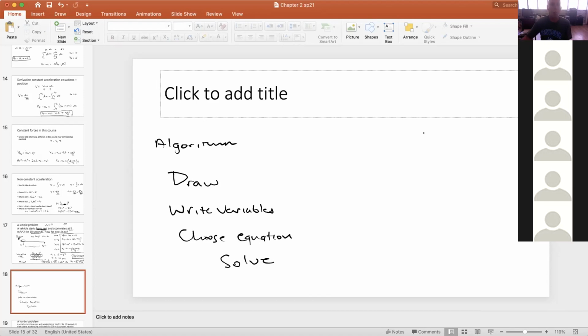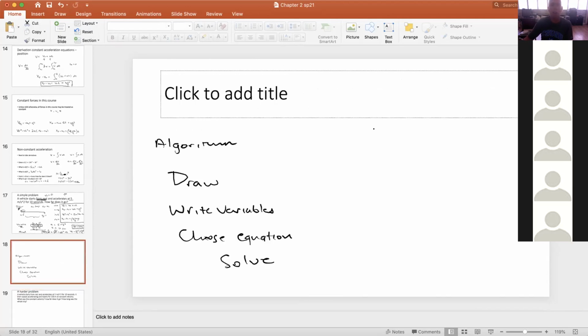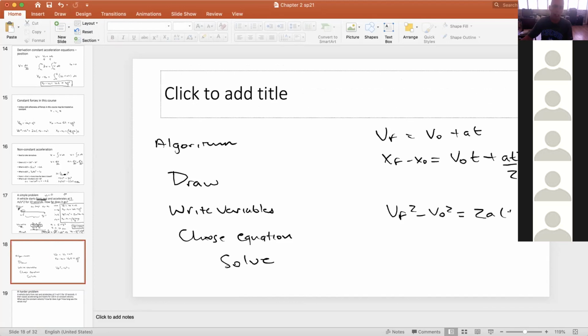And again, you only have v final is equal to v initial plus at. x final minus x initial is v naught times t plus at squared over 2. v final squared minus v initial squared is 2a times x final minus x initial. And x final minus x initial is v final plus v naught over 2 times t.